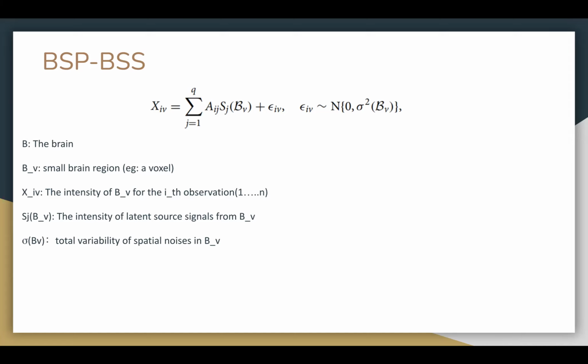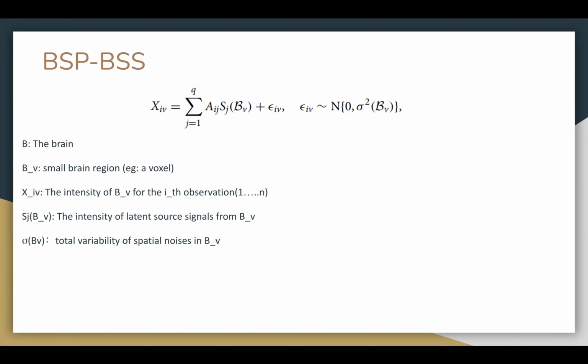So it's a linear mixture of some latent sources Sj. B represents the brain. The brain Bv is a small region or voxel of it. So Aij is one element of the mixing matrix. So it's a summation of... one observation of the brain image X is a linear mixture of a couple of latent sources S, the capital Sj.